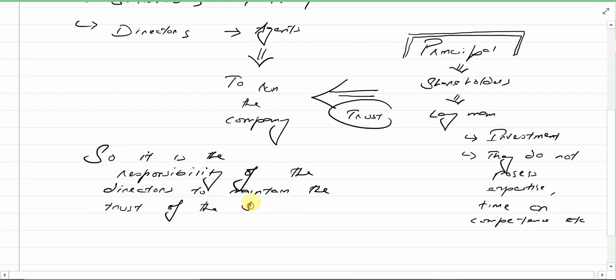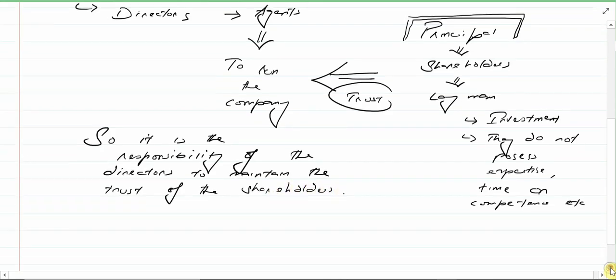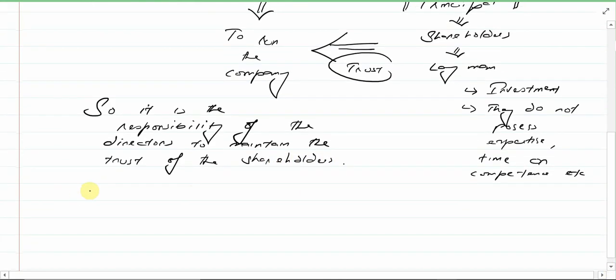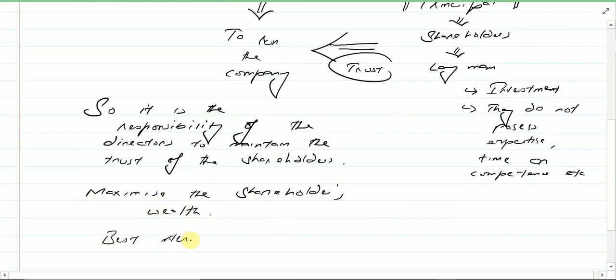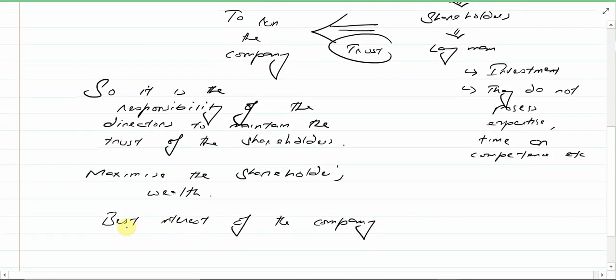Do not let them down, do not break their trust, and maximize the shareholders' wealth. Take decisions which are in the best interest of the company and the shareholders.